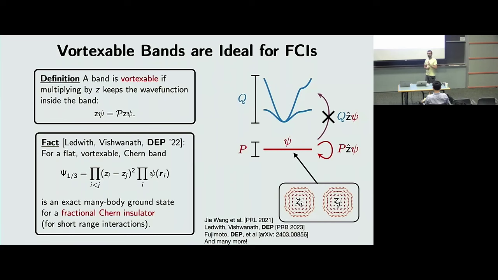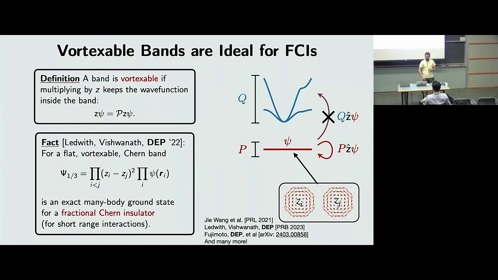I want to note, though, that vortexable bands are an idea that extends beyond the lowest Landau level. You can have vortexable bands with any Chern number. You could have higher vortexable bands analogous to the first Landau level instead. And we have a paper on that now.